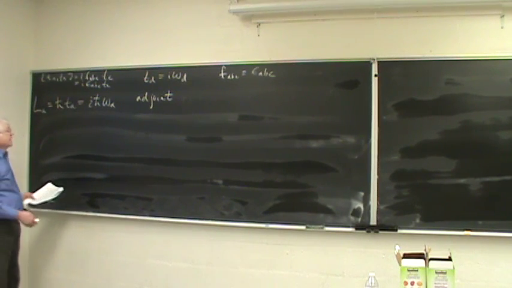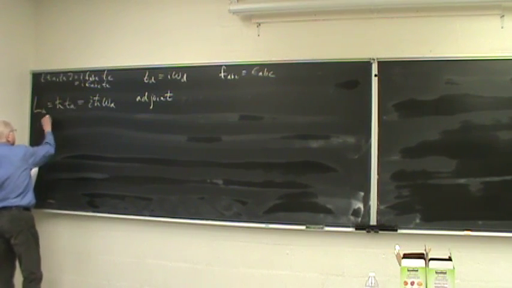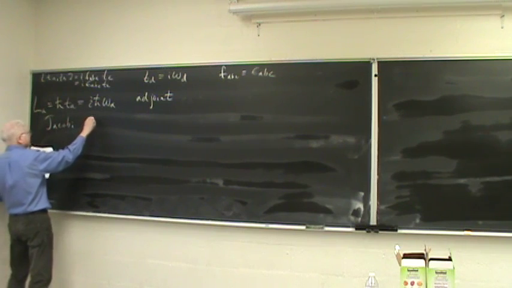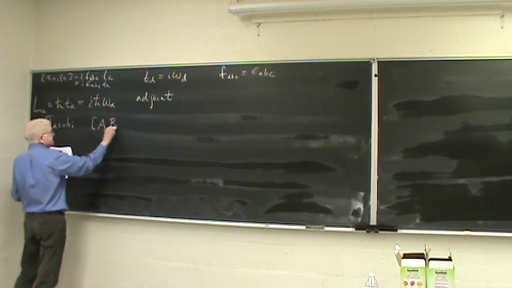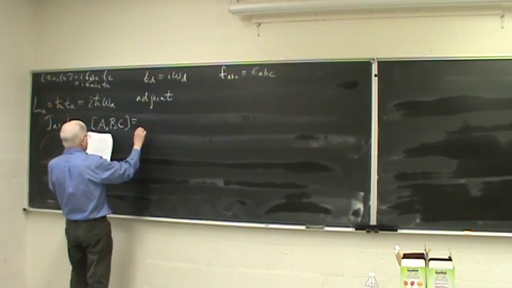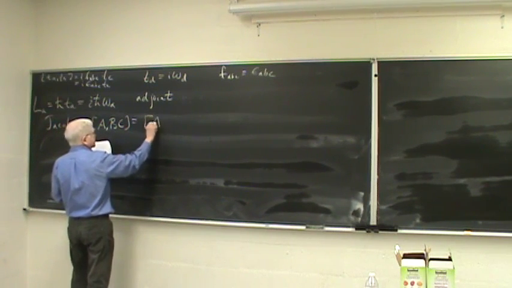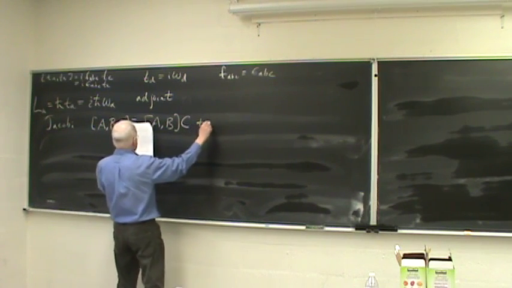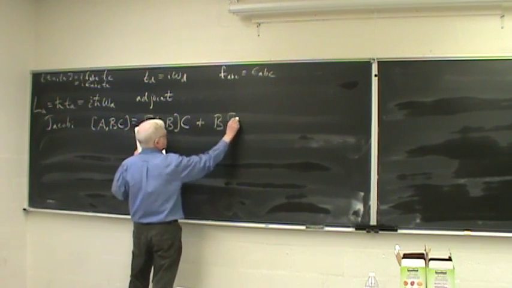Anyway, let me just mention something called the Jacobi identity. I won't go through the derivations, but you can check them in the book.